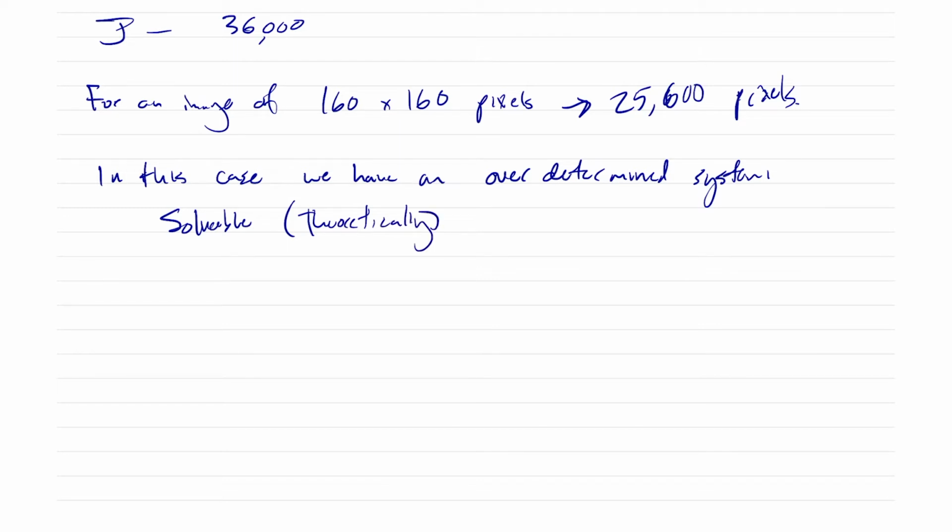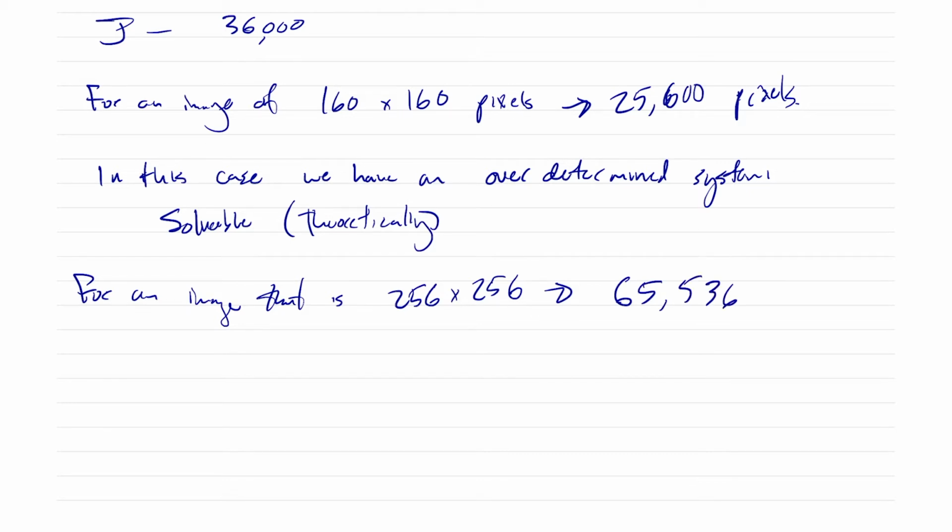But for an image that is, say, 256 times 256, this gives us 65,536 pixel unknowns. And so we are very underdetermined.